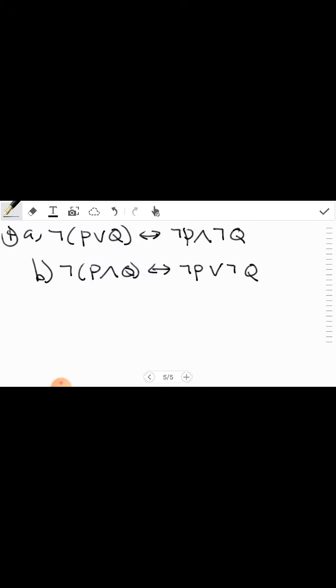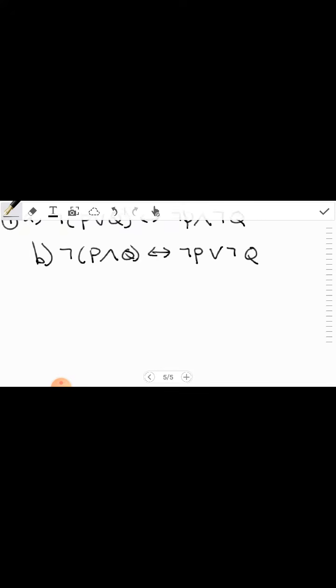But just be careful. Look at this. What happens as we distribute the negation? It's true we have distributed the negation to the two propositions P and Q, but look at what happened. From or, it became an and. From and, it became an or. Okay, two propositions are involved. P, Q.